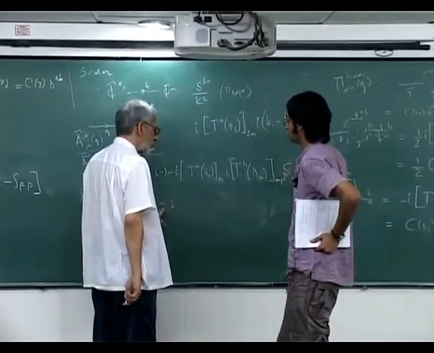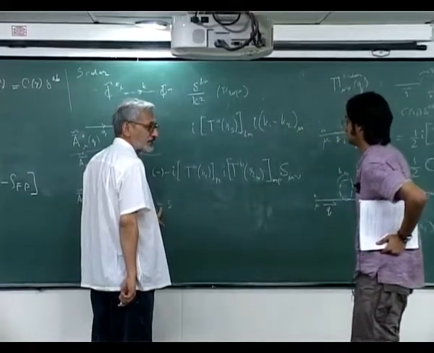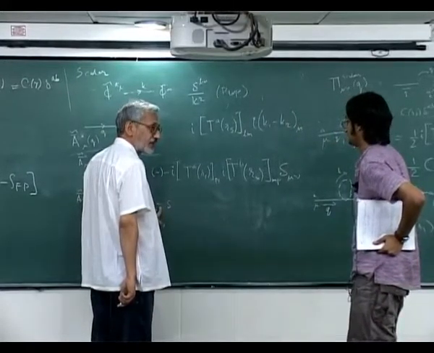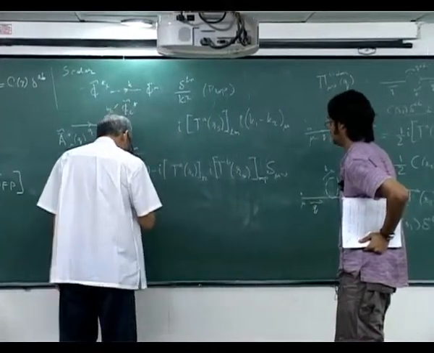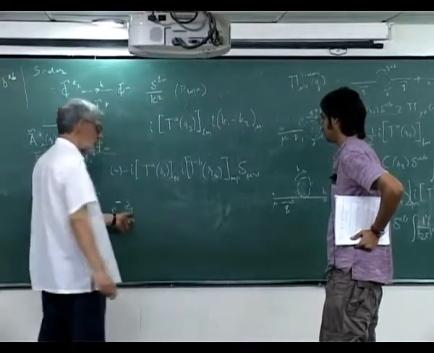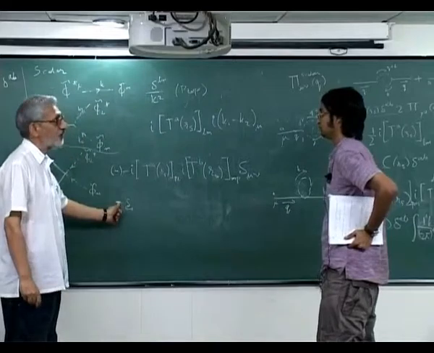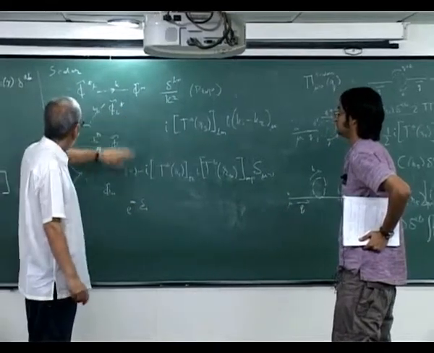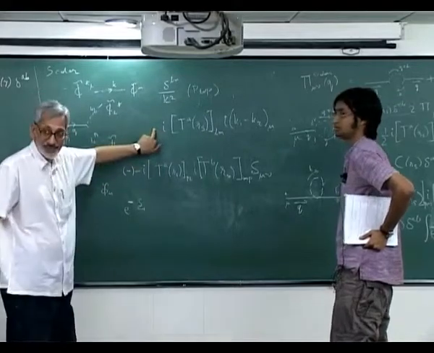You must always keep this minus sign in your vertices. In the propagator, you don't worry, because it is with this minus sign that the inverse of the quadratic part gives you the propagator. But in vertices, you have to take this minus sign into account. Here you may have made the same minus sign error, but here it comes in the diagram as a square, so it doesn't matter.